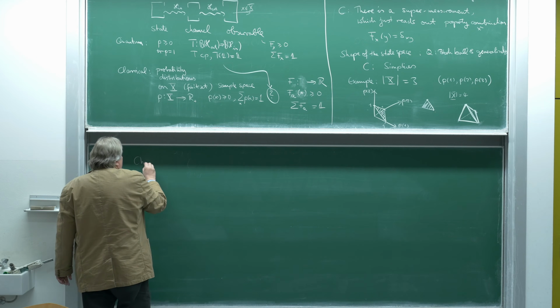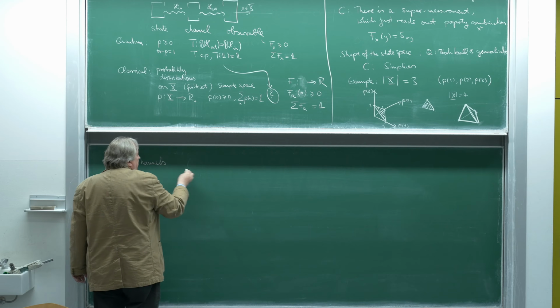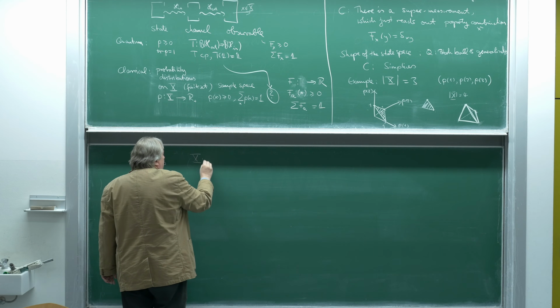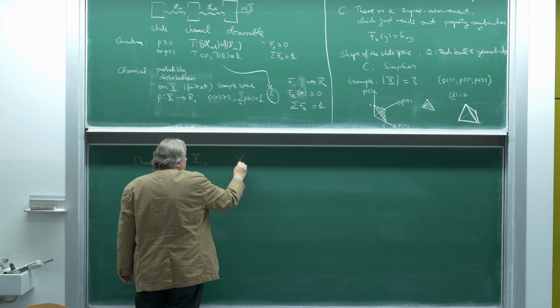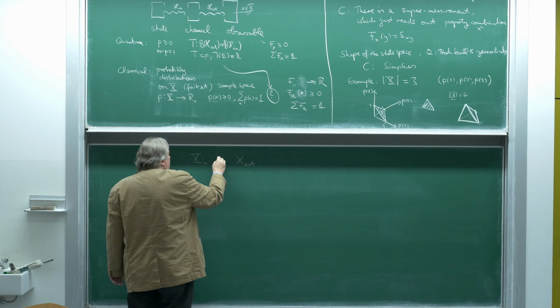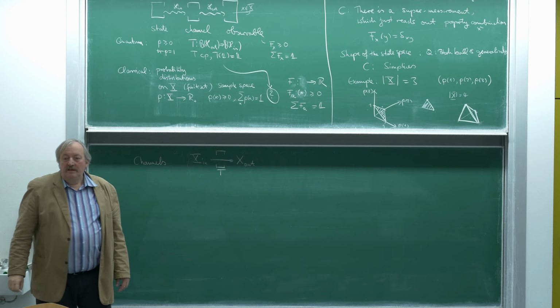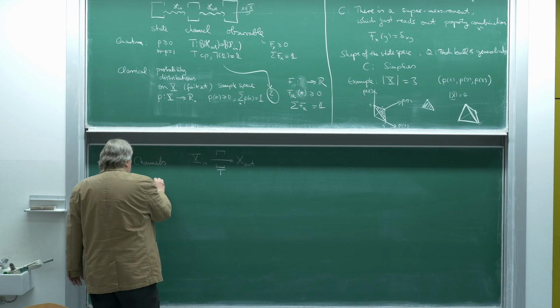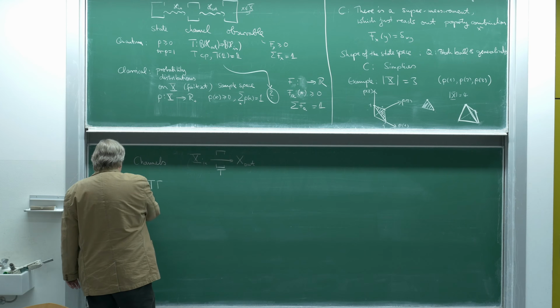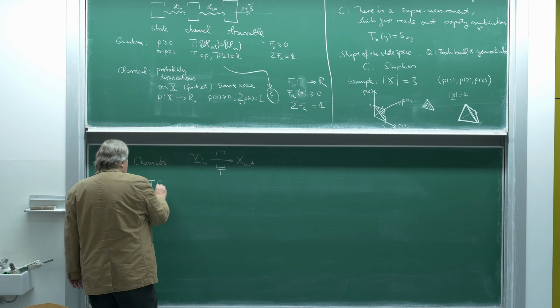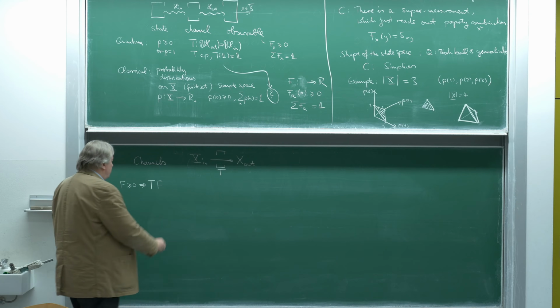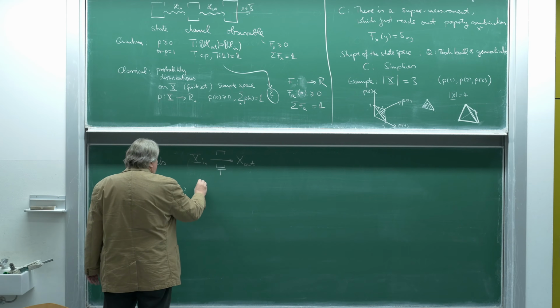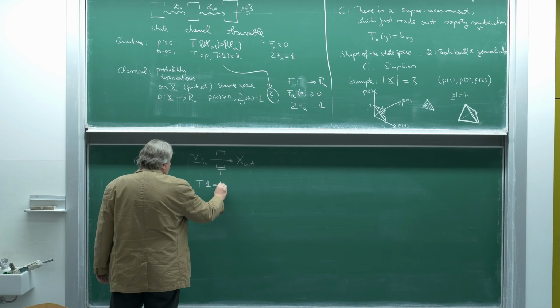So channels: there would be an X in and an X out, and some transformation T. So it has to have the property that if f is positive, it must be that Tf is positive, and T of the identity is the identity.